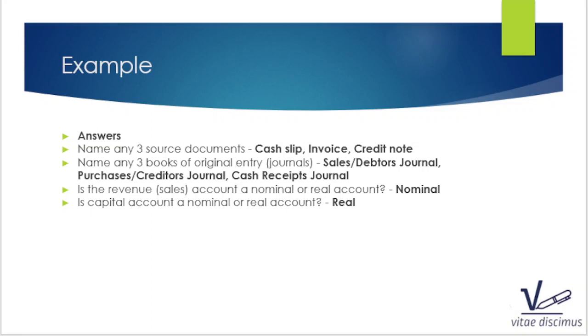Then also the three books of original entry: here we've included sales or debtors journal, purchases or creditors journal, as well as the cash receipts journal. I'm sure you may have included others such as your cash payments journal or your debtors allowances journals as well.